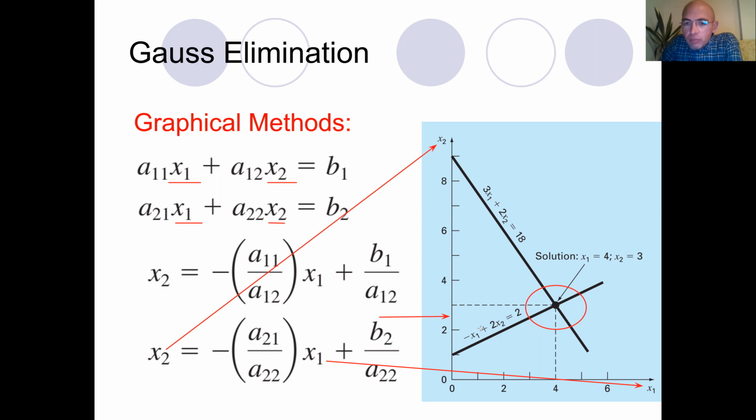So here, for example, we see two equations, minus x1 plus 2x2, and the other equation is 3x1 plus 2x2, that's equal to 18, and the first one is equal to 2. Certainly they intersect at a point where x1 is equal to 4 and x2 is equal to 3. So this is the graphical method.